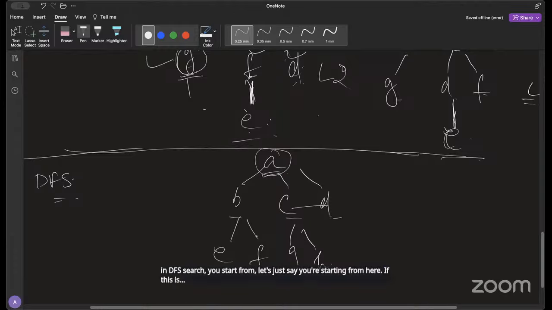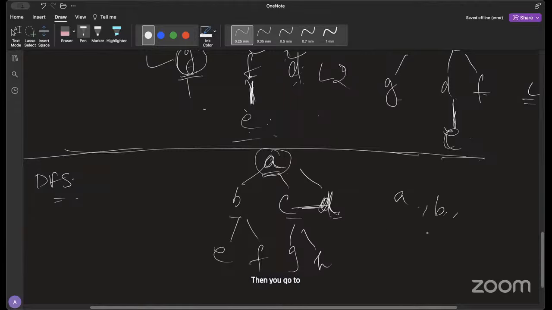If this is a graph, and a tree is also a graph by the way, you start with A, then you go to B, and then the next thing won't be C, it will be E, because you come to E next. So you go into the depth first, not exploring the breadth.